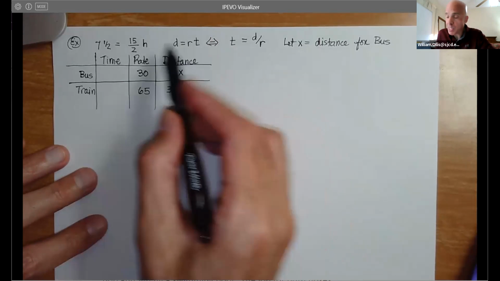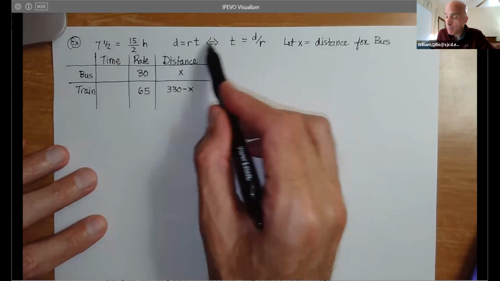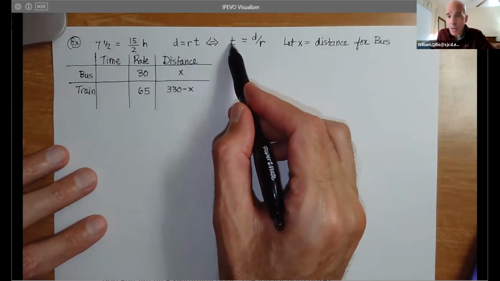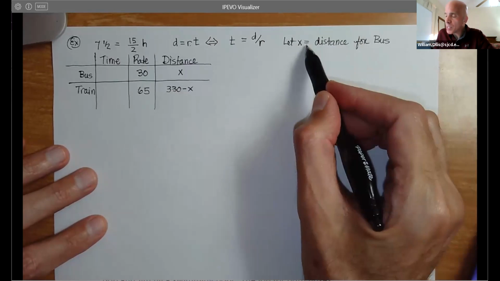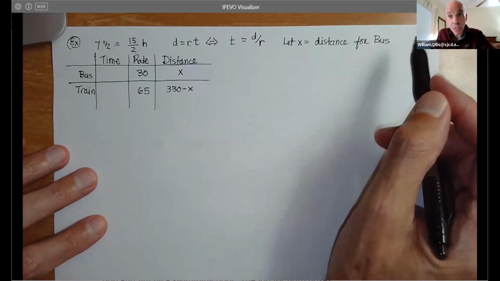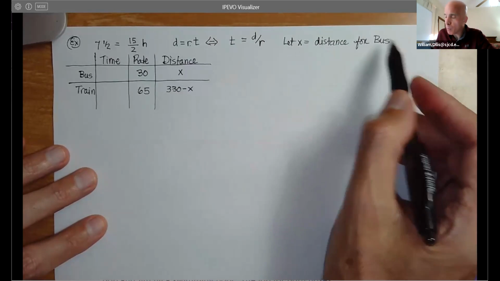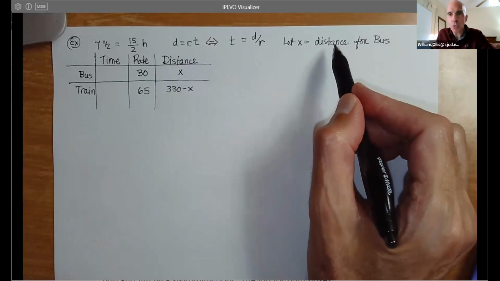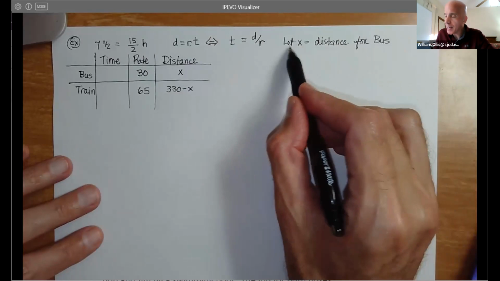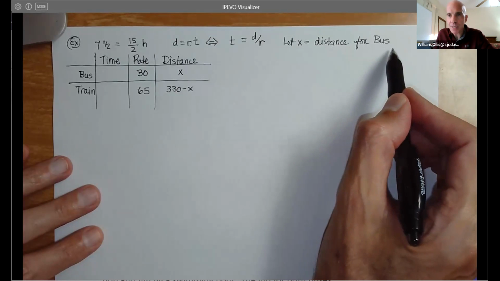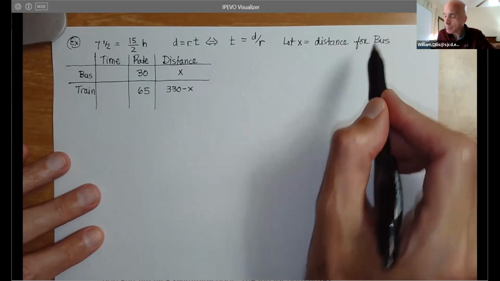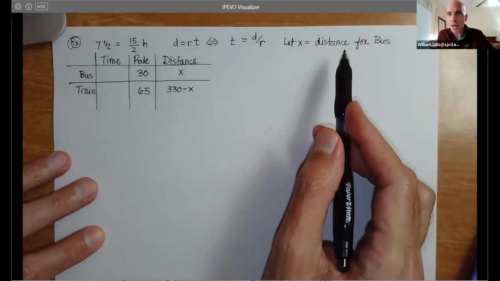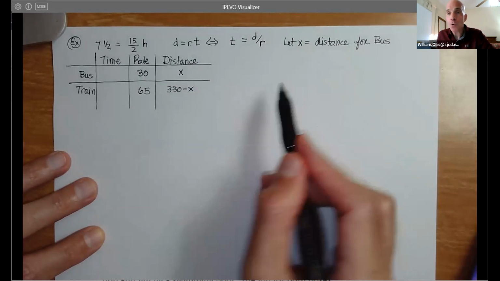With this problem, since we have the trip time, we can divide by R and write T as D over R. Now, we know the total distance, the trip distance, but we don't know the particular leg, so to speak. So I'm going to let X be the distance for the bus. That was the distance that the bus actually traveled.